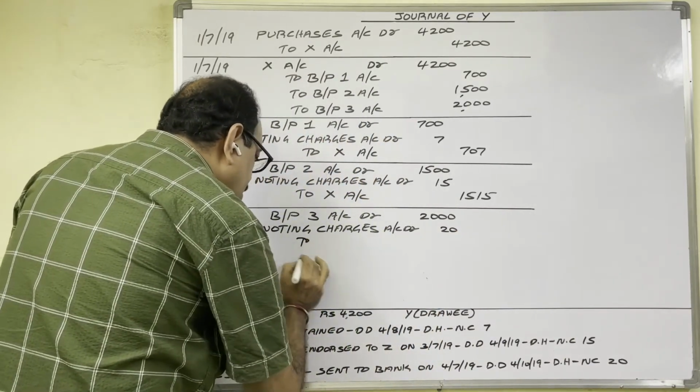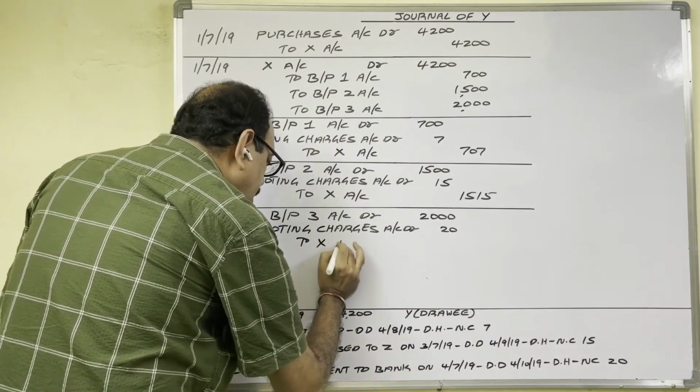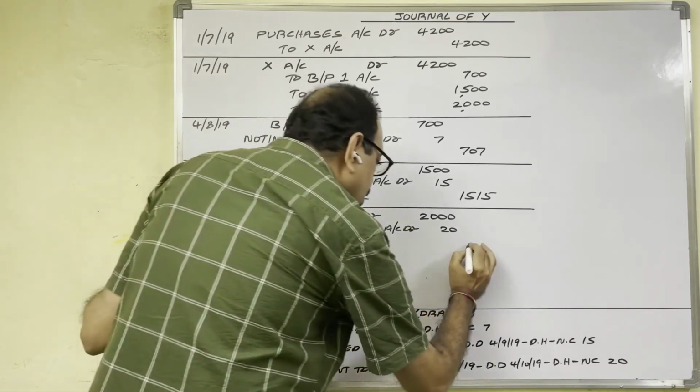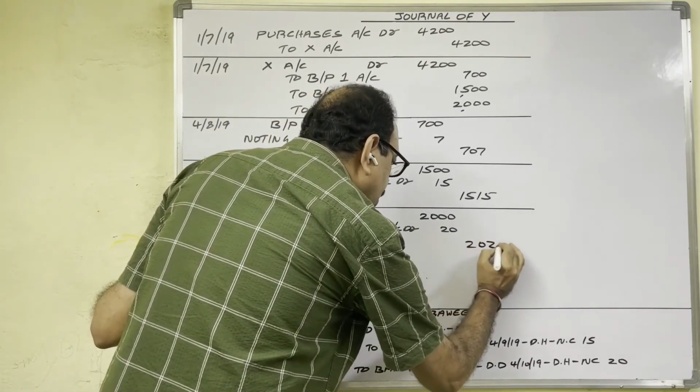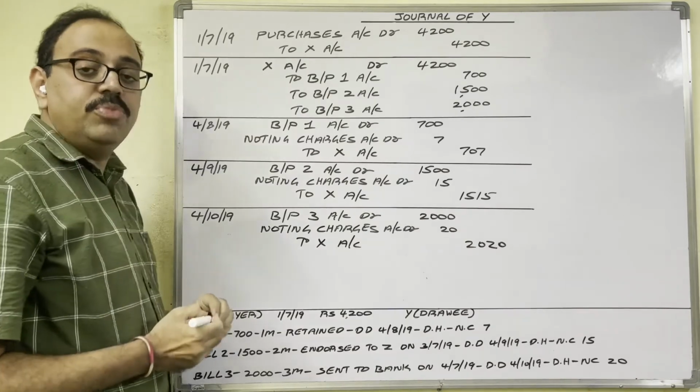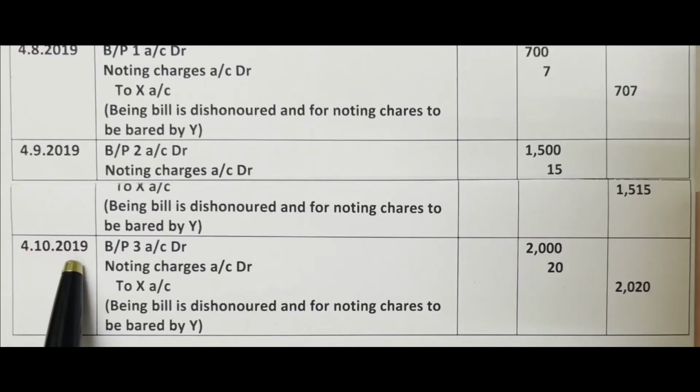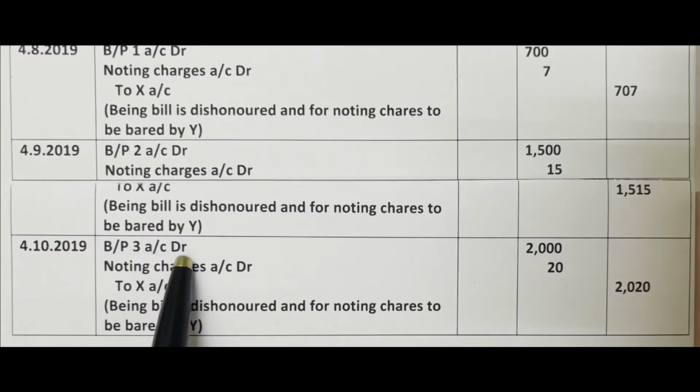For this amount again X becomes a creditor. So credit his account with 2020 rupees. On 4th October 2019, bills payable 3 account debit 2000 rupees, noting charges account debit 20 rupees, to X account 2020 rupees. Narration: being bill is dishonored and for noting charges to be paid by Y.